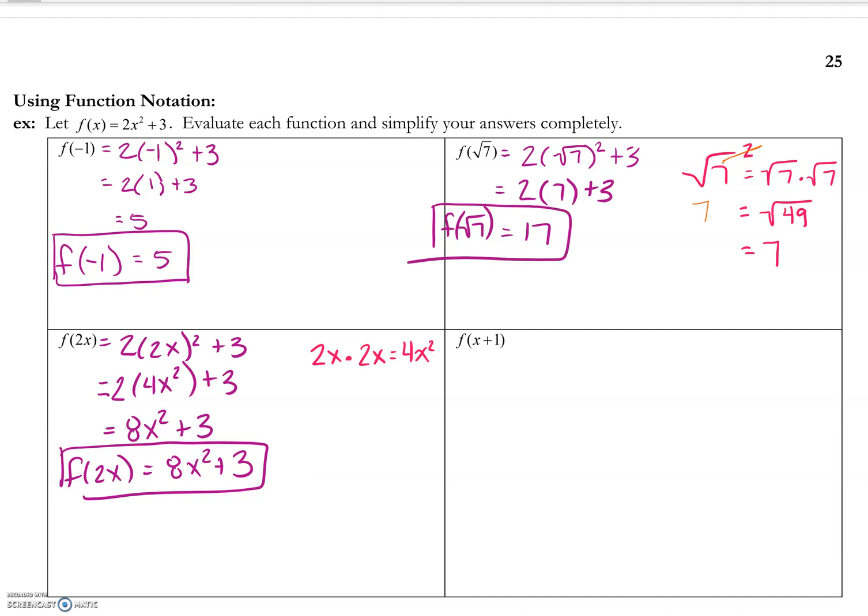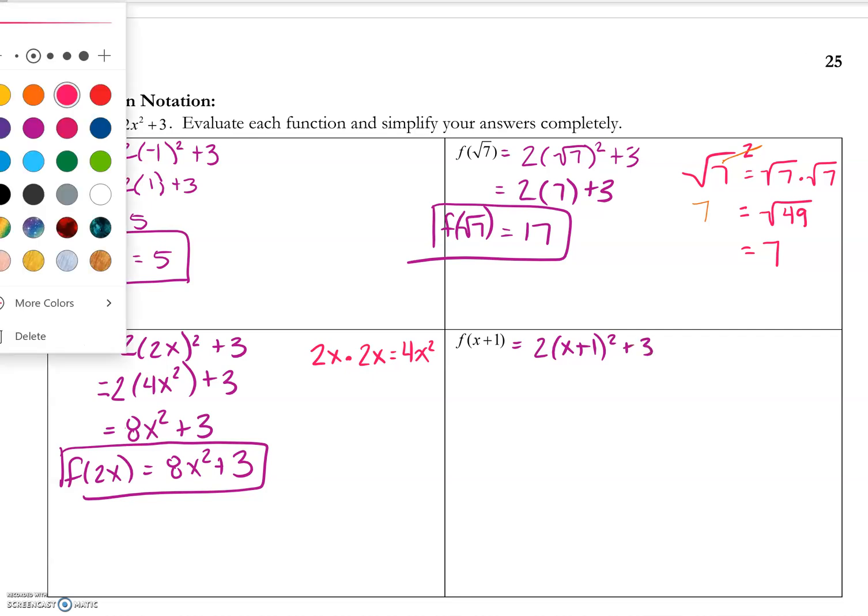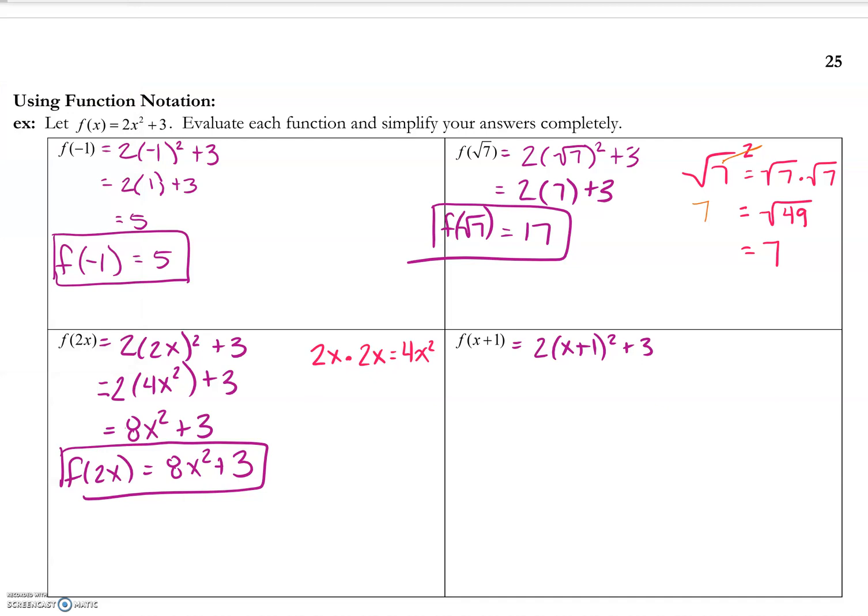Okay, and lastly, for this f of x function, I'm now plugging in x plus 1. So 2 times x plus 1 squared plus 3. Again, if I wanted to show x plus 1 multiplied by itself, I can think off to the side here. When we have x plus 1 squared, we're multiplying x plus 1 by itself.